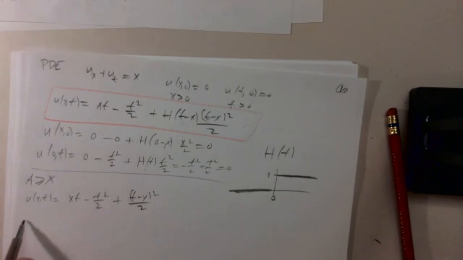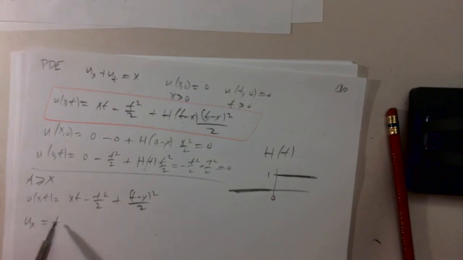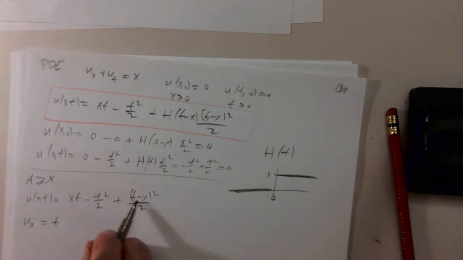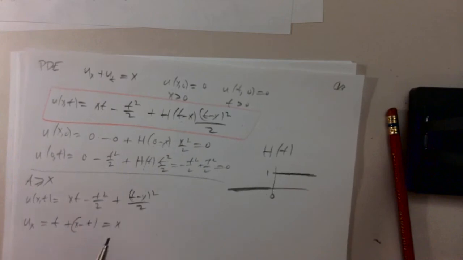So if I take the partial of u with respect to x, that's equal to t. Differentiate this with respect to x, I get 2 times (t minus x), the 2's cancel, times minus 1, so x minus t, that's equal to x.